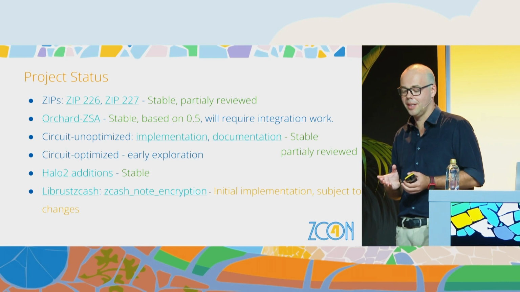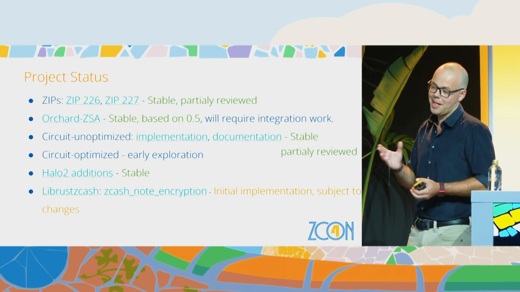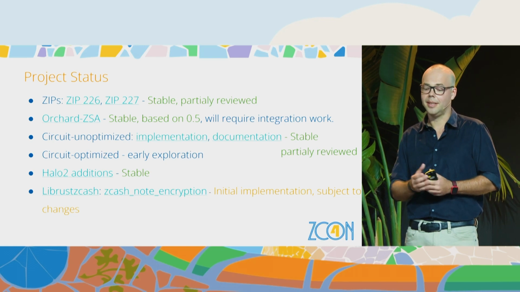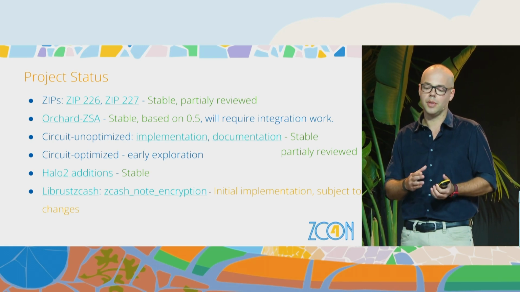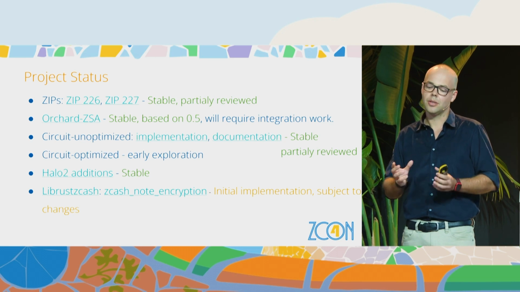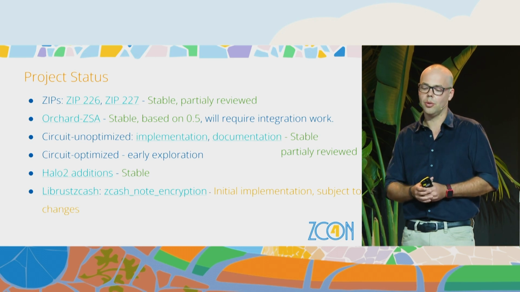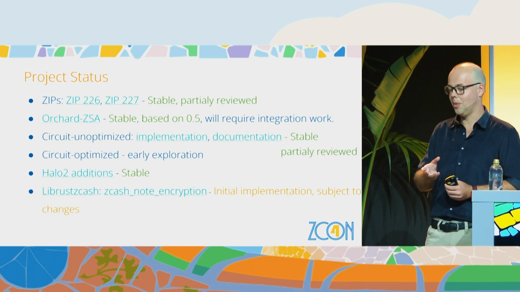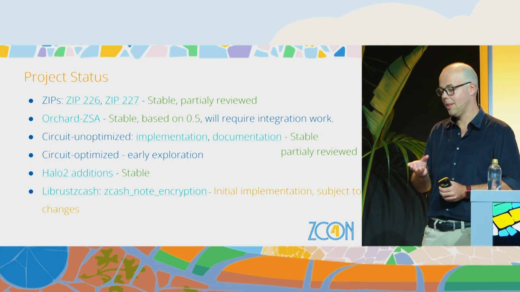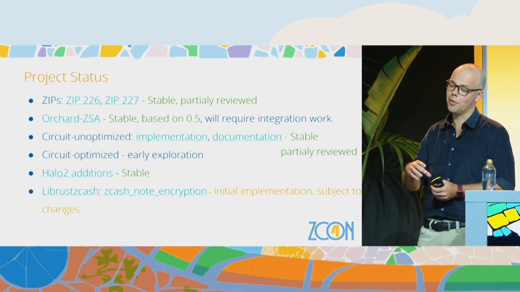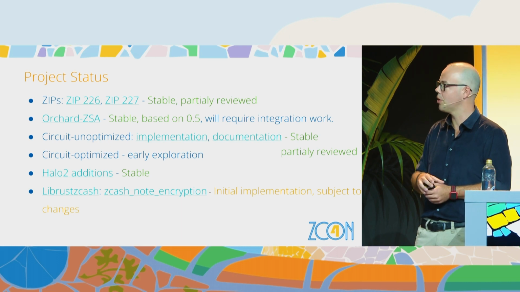Except for ZSA, there are other things happening, and there are other changes that ECC and the Zcash Foundation are doing to improve the Zcash node. So, in part, Zcash node encryption is blocked by other changes. We are waiting for some changes to happen, and then we will improve our implementation of the Zcash node encryption, and we will submit it again.